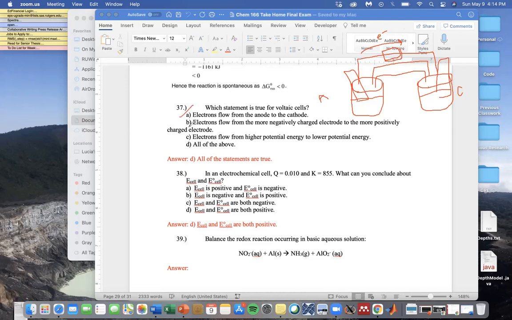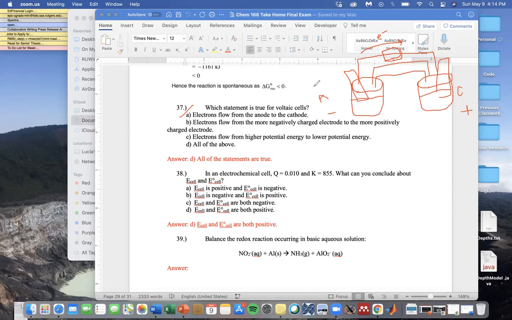For B, it says electrons flow from the more negatively charged electrode to the more positively charged electrode. And that is true. If you see on a lot of the illustrations, when they do diagrams, they'll label the anode as negative and the cathode as positive. And this is why. It's kind of confusing because you're like, oh wait, it's being oxidized, so it's becoming more positive.